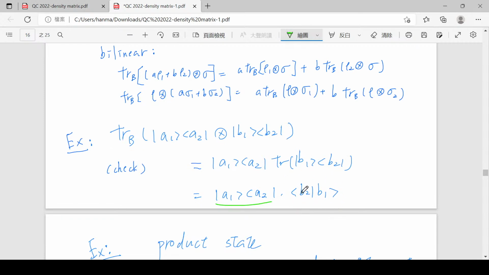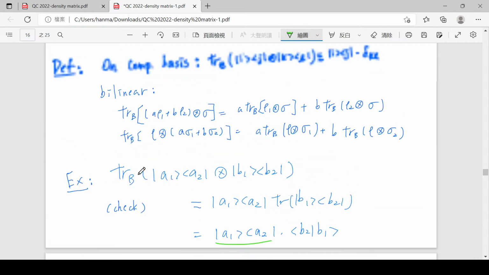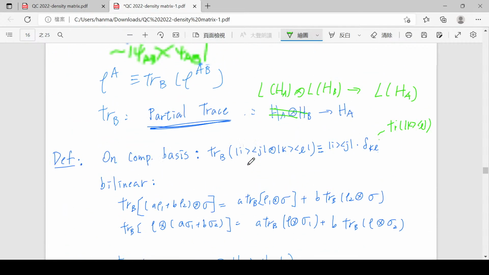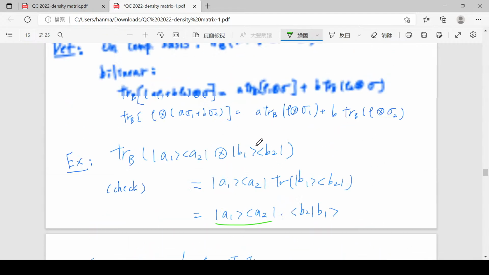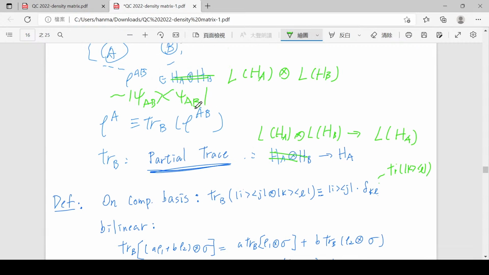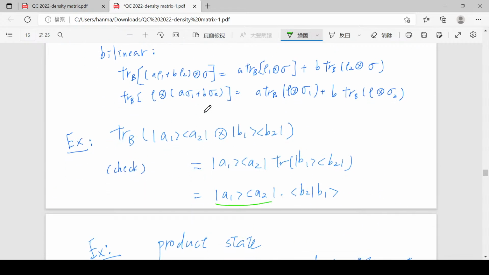So the dimension on the B part just disappears, it becomes a number. And also the definition we have here is a little more general than just mapping a density matrix to a density matrix. You can see that we didn't require anything here to be a density matrix. It can be any matrix, and we can define this partial trace.